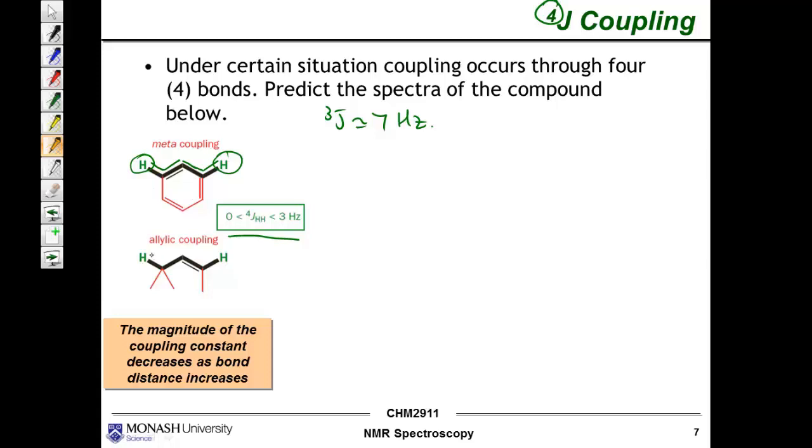And so here we can see that we've also got it through an allylic compound, so one that has these two sp2 hybridized carbons. So meta coupling is also called W coupling. And again, you can see that because we have this constrained molecule, we've got many sp2 centers on our aromatic ring, that we do have this W.